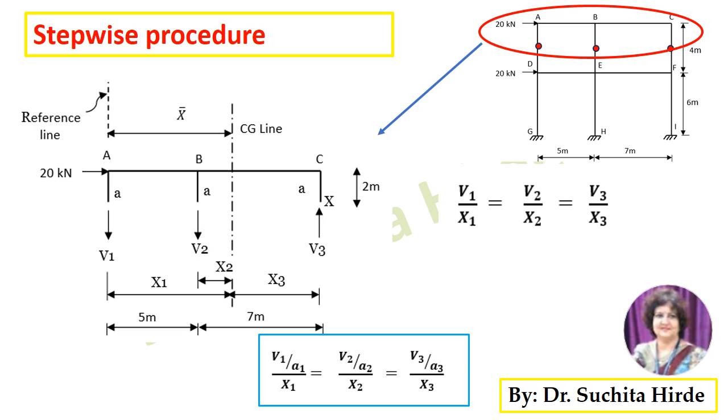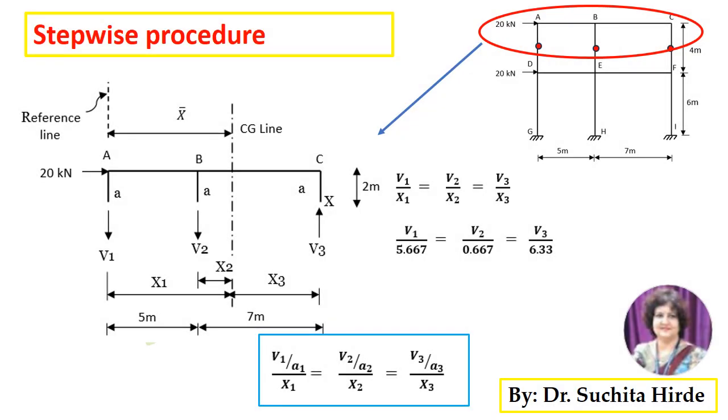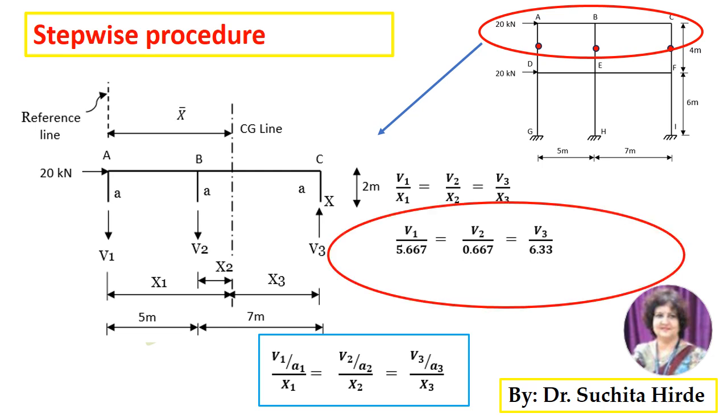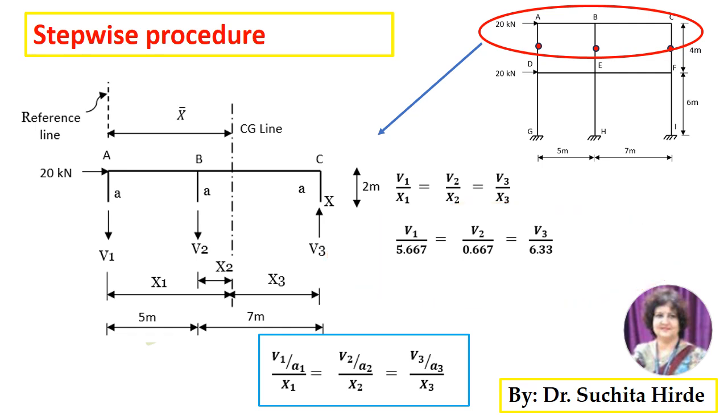So substitute the values of x1, x2 and x3 in this equation. We will get the equation like this: V1 upon 5.667 is equal to V2 upon 0.667 is equal to V3 upon 6.33.